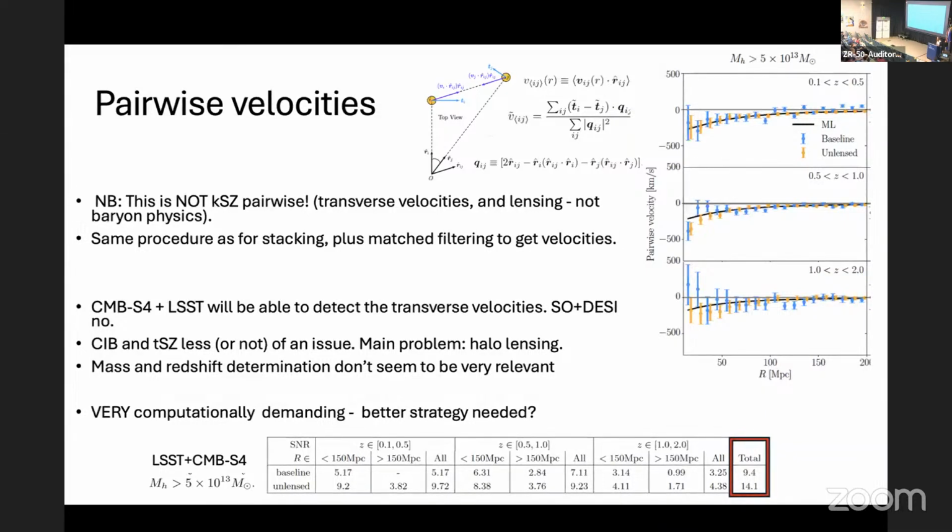And we did see that with CMB-S4 plus LSST, you can detect this signal at a sigma of around 10, 9 to 15. And most importantly, this has different systematic effects than the other detection strategy, so the fact of having the two helps in that respect.